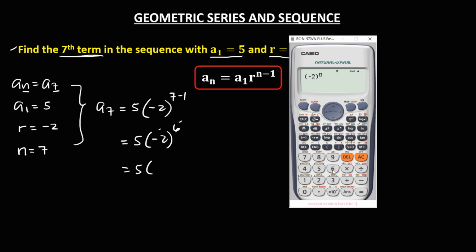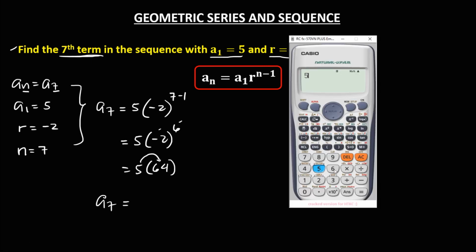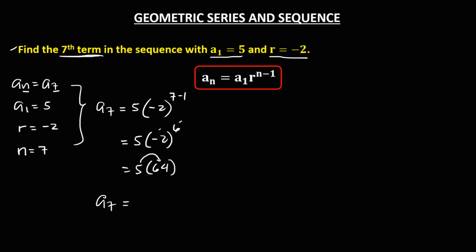Then to the power 6 equals 64. So we have 5 times 64. So 5 times 64 equals 320. So the seventh term is 320.